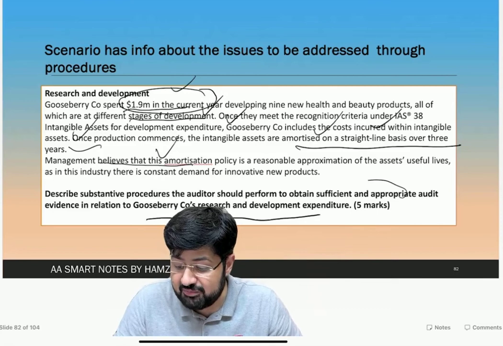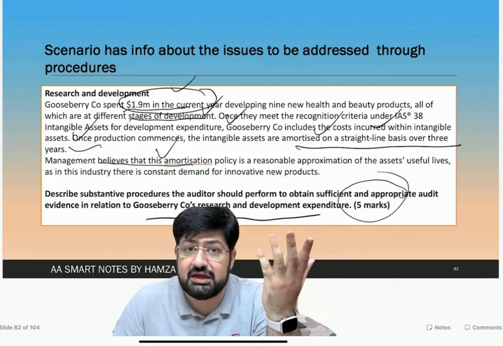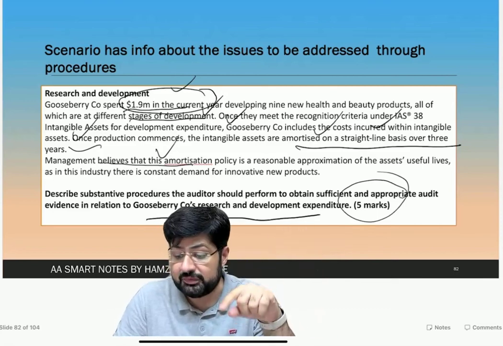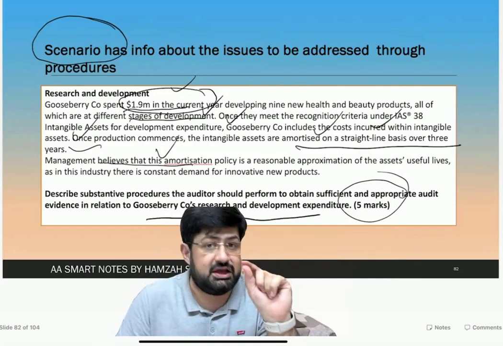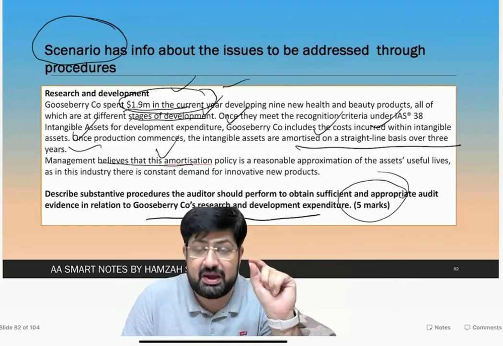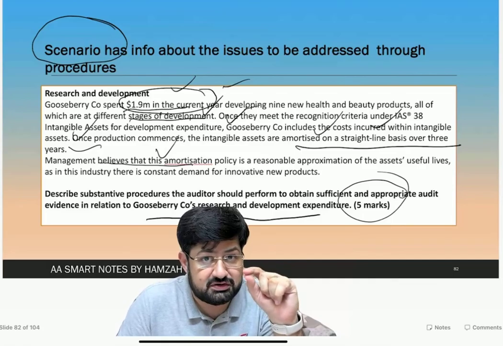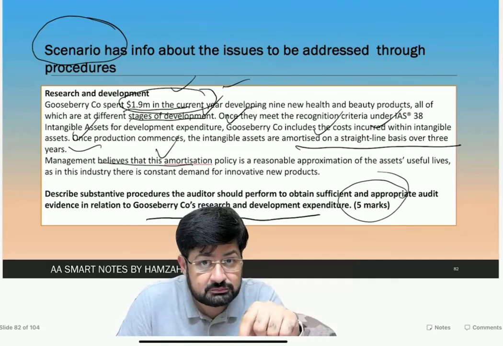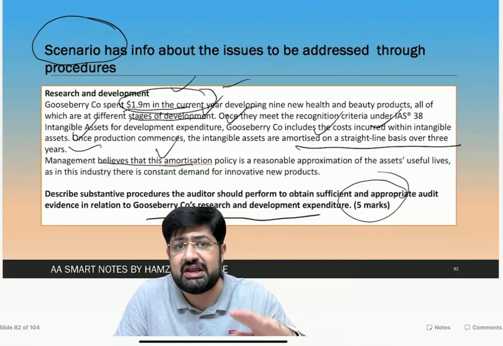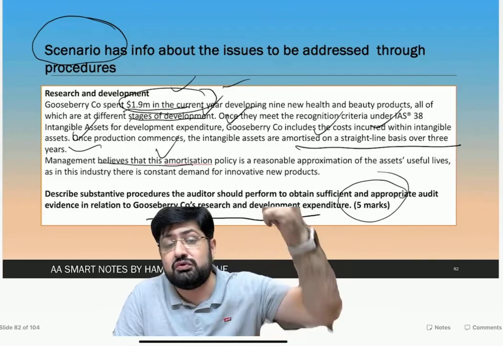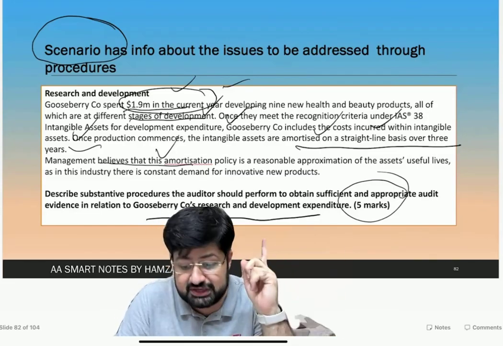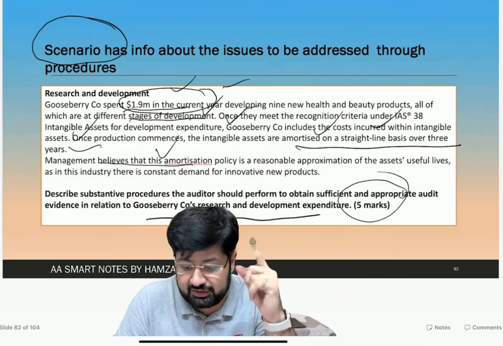So you can easily gain the 5 marks, but you see the scenario is telling you all the specific information on which procedures need to be written on research and development cost. Here, you cannot write generic procedures.